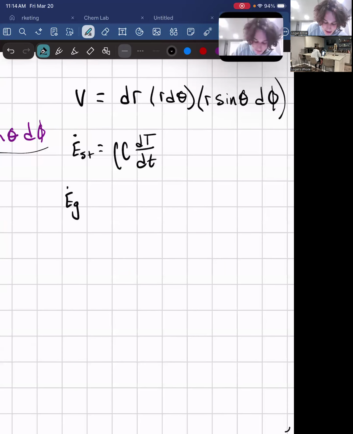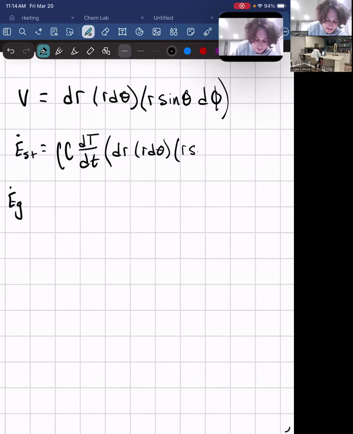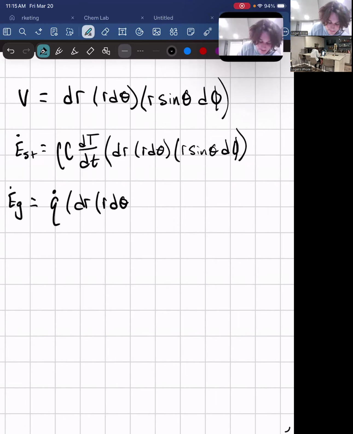So now it is dr, r d theta, r sine theta d phi. Then we'll repeat that for our generation term: our heat generation Q times the volume, so it's Q times dr, r d theta, r sine theta d phi.